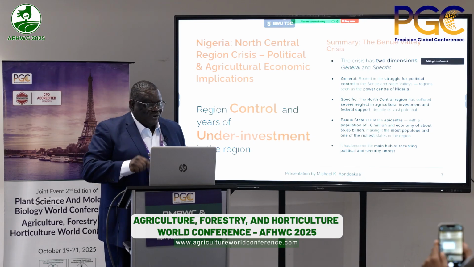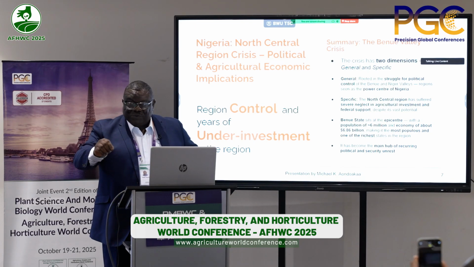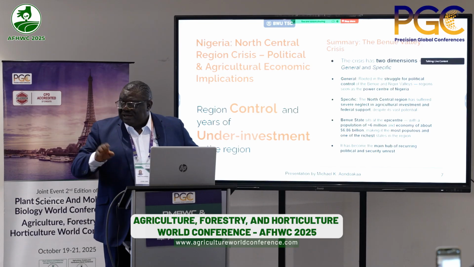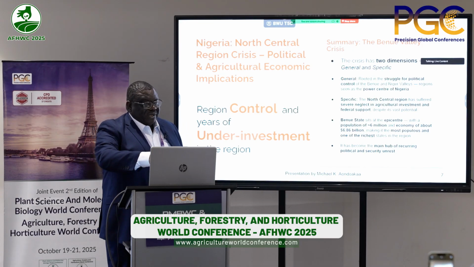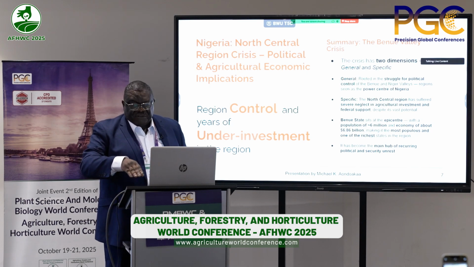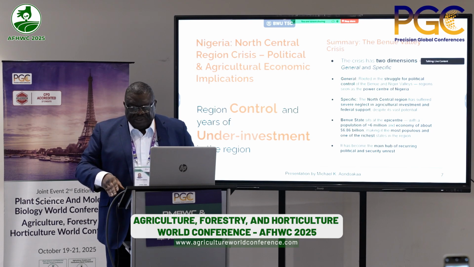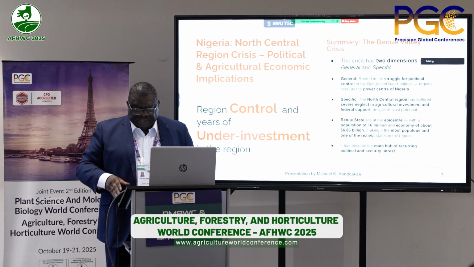Those people want to control the oil that is beneath the soil, and they don't care about the land which the farmers within the area use for their subsistence. But the most hard hit is the most populous state within the region, with about 6 million people and an economy of 6.8 billion annually. This is the most hard hit area.